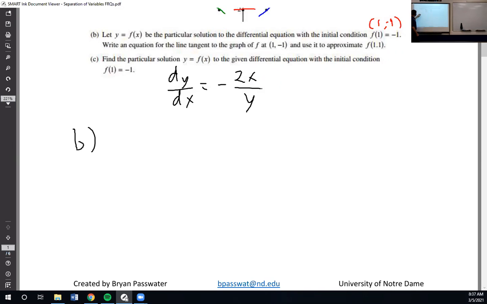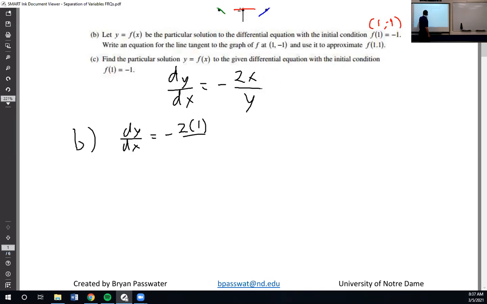So for part B, we're going to see what dy dx is at 1, negative 1. We've already done this because we made the slope field, but let's do it again.